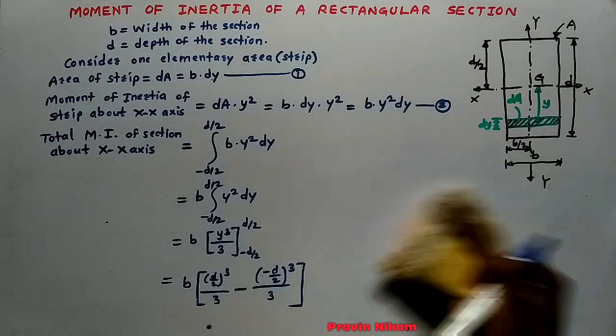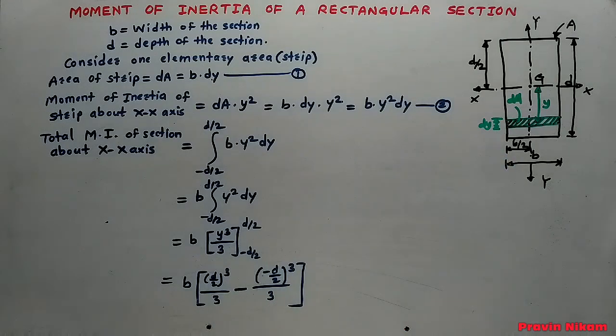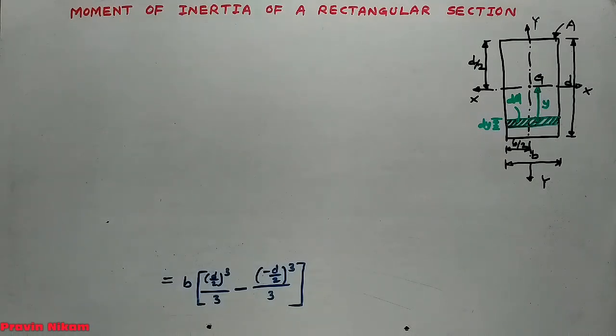Now the last step: b is as it is, and we have put the limit. So this is nothing but Ixx.